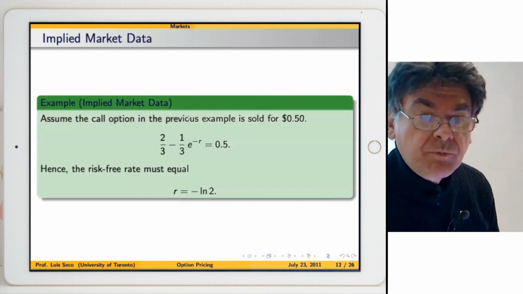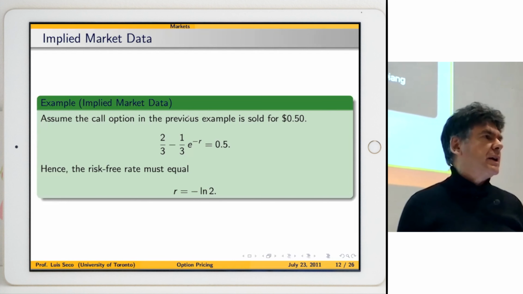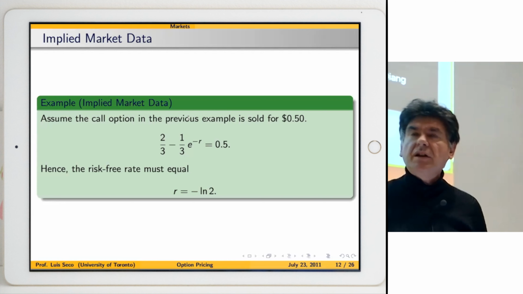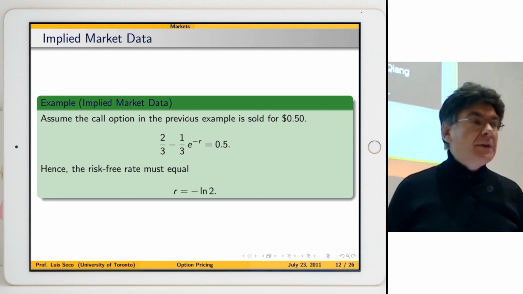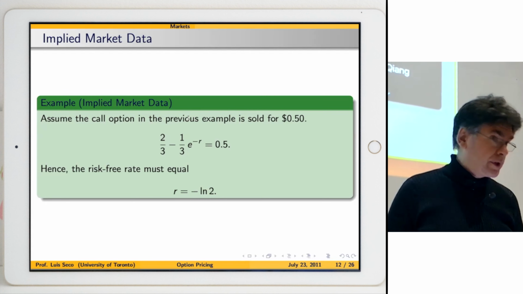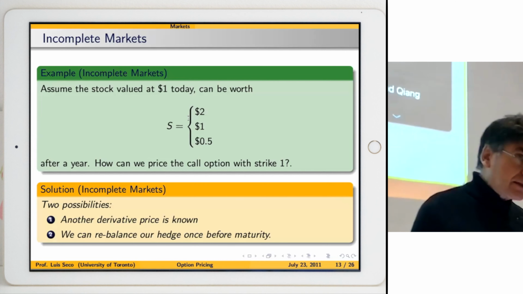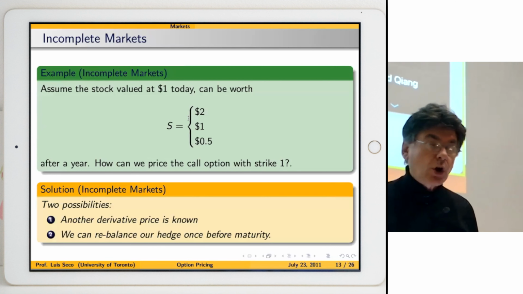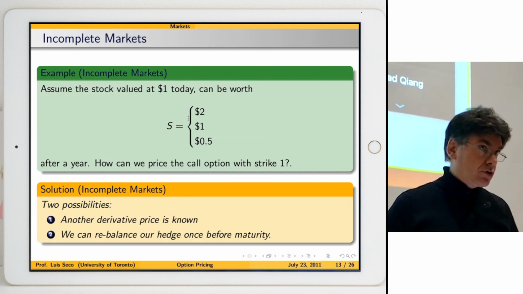All right. So let me now look at this from the perspective of financial markets. Let me use this to understand financial markets a little bit better. This is the question I asked you to do, and the answer was log 2, as it was pointed out. But now let me ask a question. What would happen if my stock, the same stock as earlier, can take 3 values tomorrow?